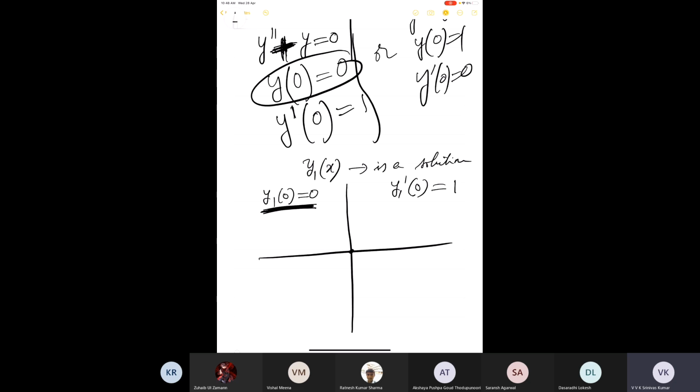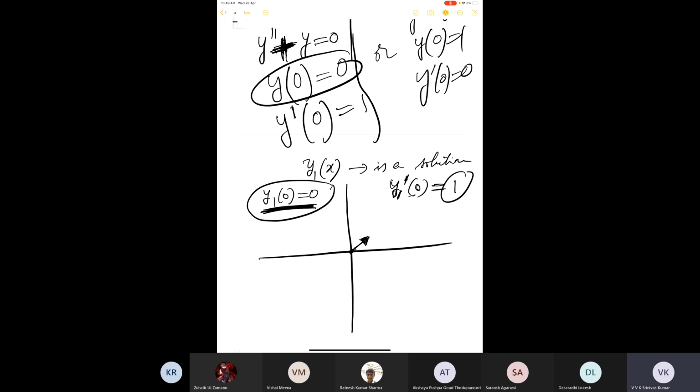And y1 dash is the slope of the function. Slope of the function at the starting point is 1. Okay. It has a positive slope, and it is going in this direction. We don't know the behavior of the function, but we know at this point it is 0, starting at the origin, and the slope is positive, slope is 1.